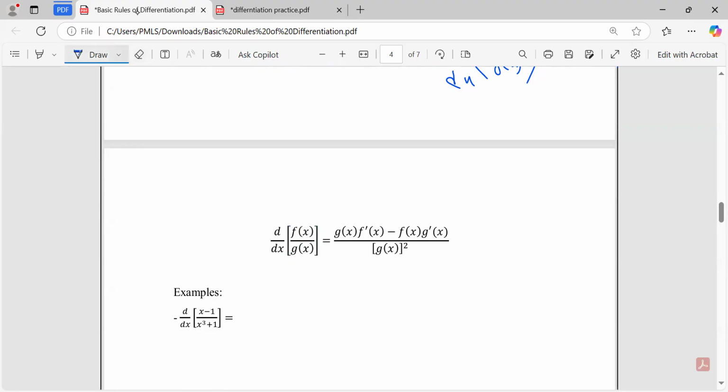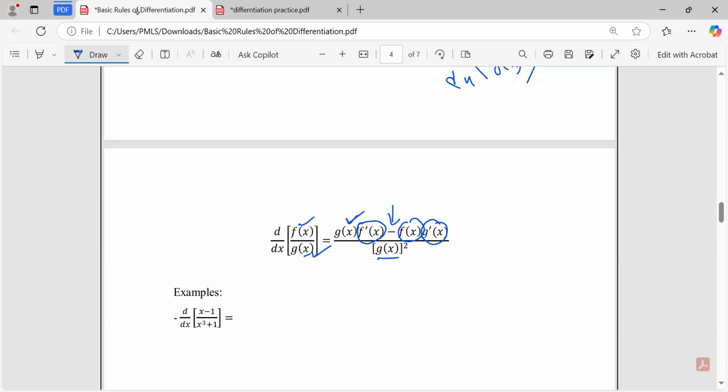If you have two functions in a quotient form, the lower function, the denominator function, will be as it is, take the derivative of the upper function, then the upper function will be as it is, take the derivative of the lower function, divided by the square of the lower function, and in between a negative sign.